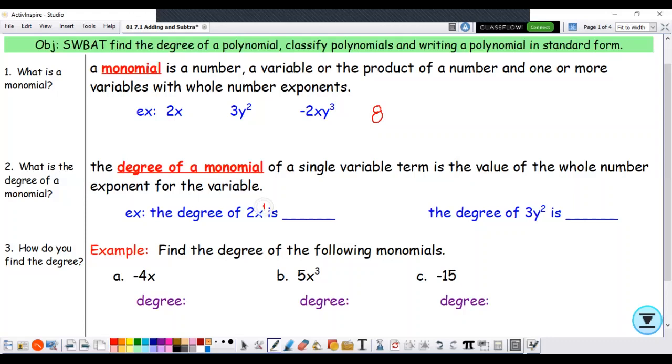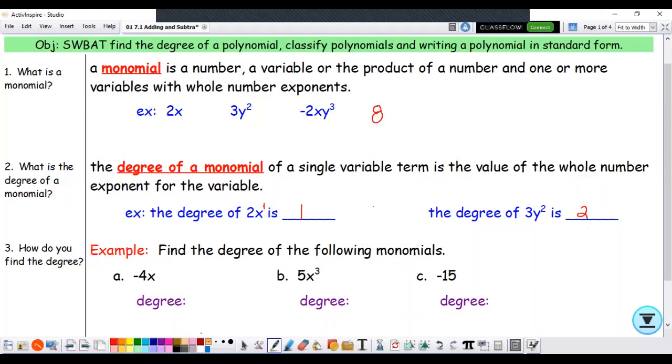When I don't see that exponent, I understand it to be a 1. So that degree is going to be 1. Over here we have the degree of 3y squared: the variable is y, its exponent is 2, therefore the degree of that term is 2.